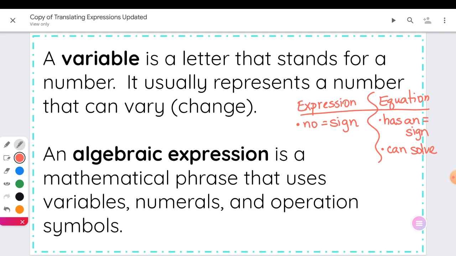What does x have to be? 3. X equals 3. You just solved that equation. On an expression, you can't solve them. You can just simplify them. X is greater than 3 is actually considered an inequality because you could give lots of values for that.